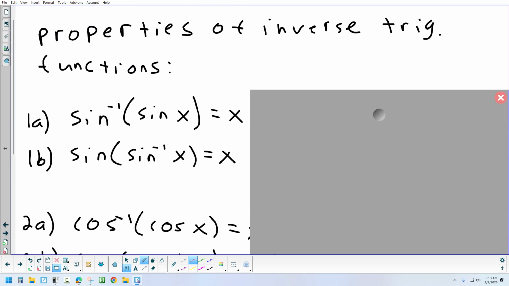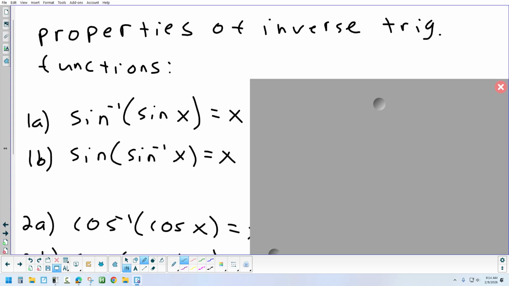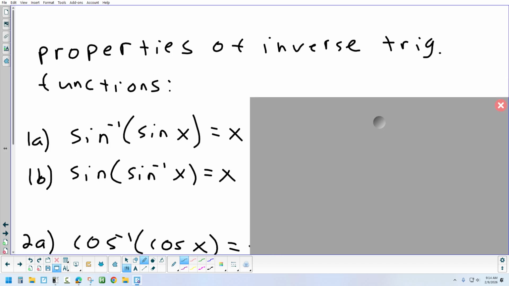One has the inverse on the outside, one has it on the inside. It's an order of operations thing. All right, so let's start with formula 1a. If you take the inverse sine of the sine of x, they will cancel each other out, and you'll get back what you originally typed in.